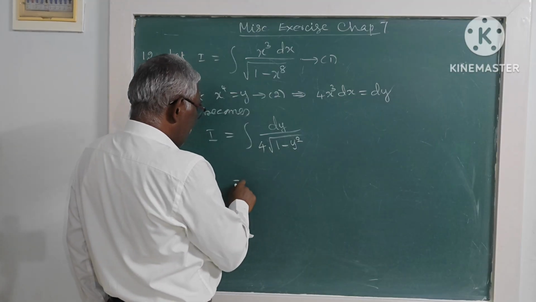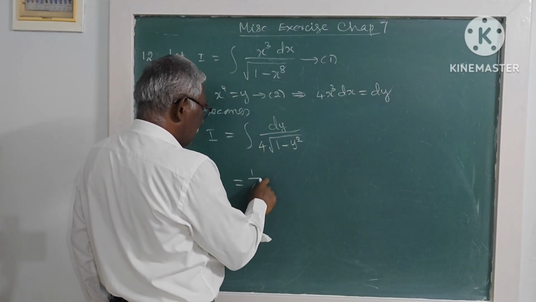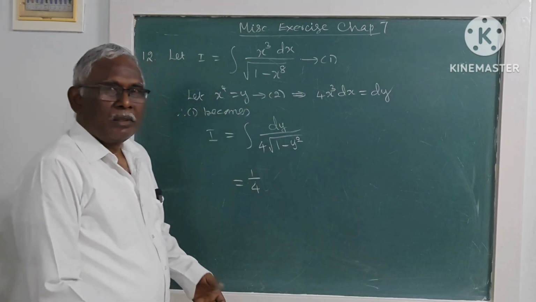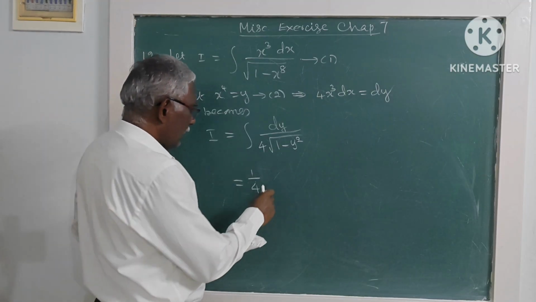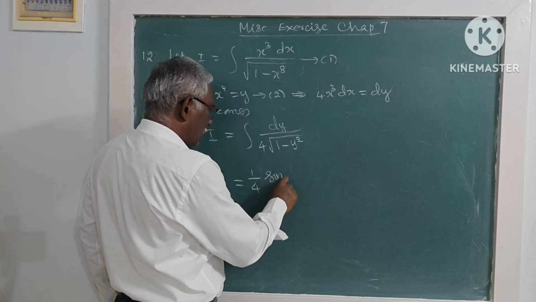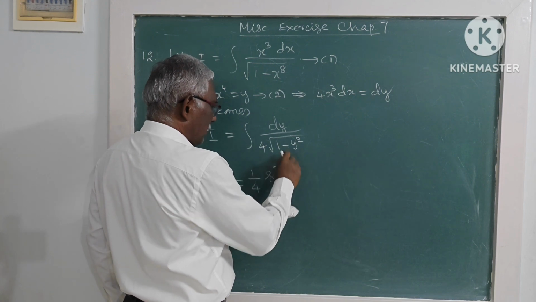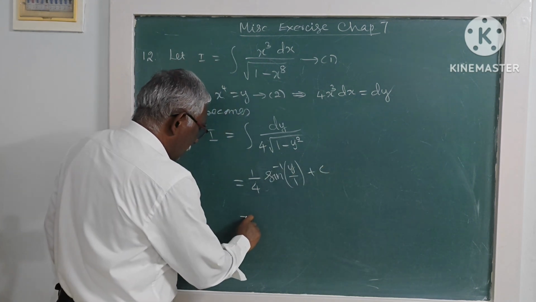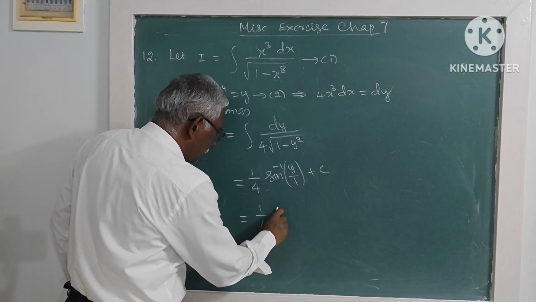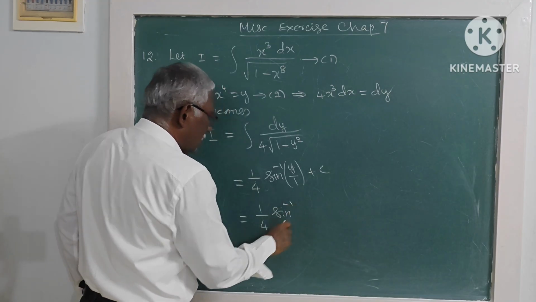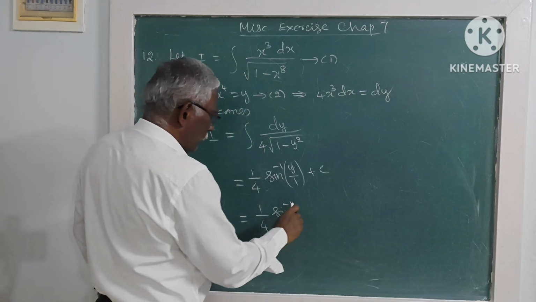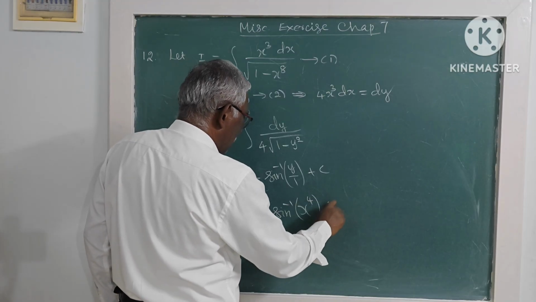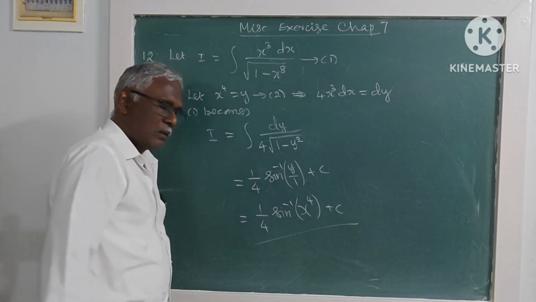Now we can take 1 by 4 outside. What is integral dy by square root of 1 minus y square? That is nothing but sine inverse of y by 1, plus constant. So it is 1 by 4 times sine inverse of x power 4, plus constant.